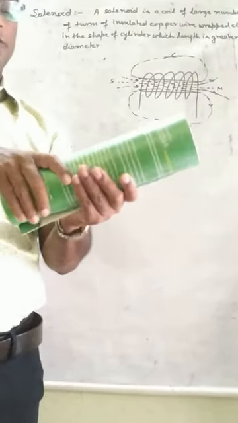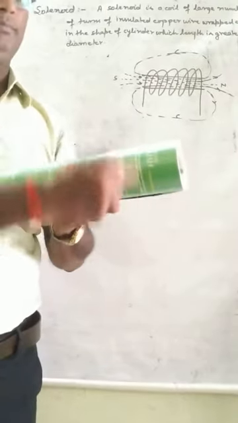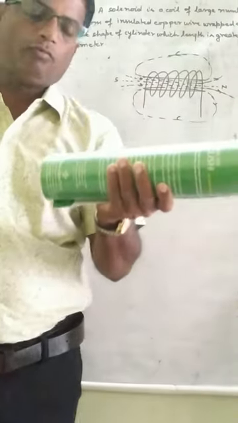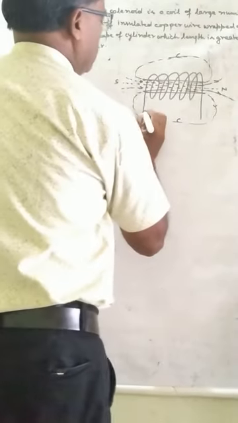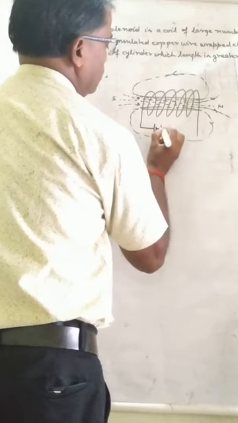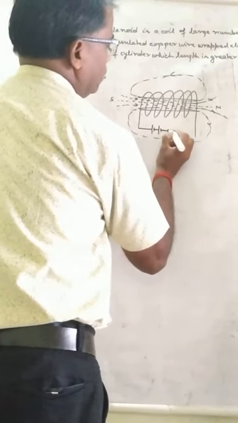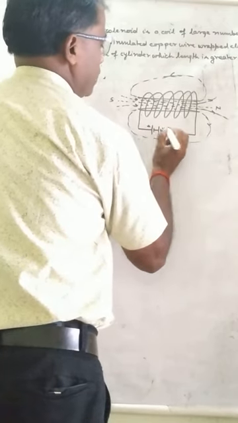On this we wrap the insulated copper wire, and to the ends of that copper wire we connect a source of electricity, a battery, and one key also, plus minus.